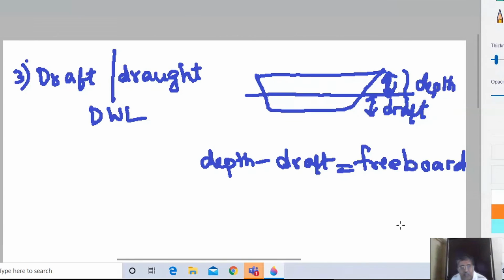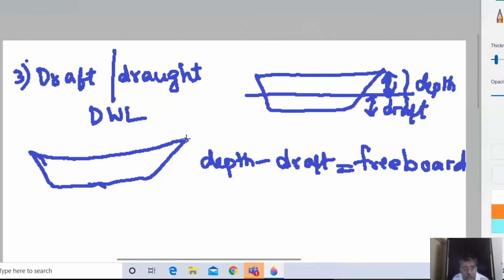Then we can have other things. There are some other things as well. For example, when you have a ship, usually you will see that the ship is like this. Not like a U, a very faint curve. It's been highly exaggerated in this figure, but there is a faint decrease and an increase. So this is known as shear, SHEER.